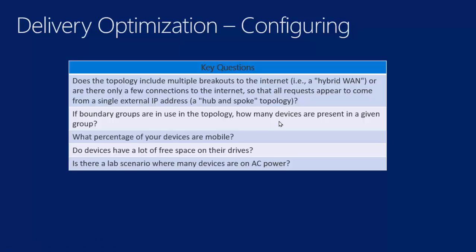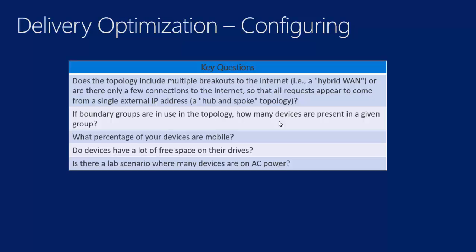Because if you are, then ConfigMgr boundary groups can be translated into delivery optimization group IDs, and that's a convenience for you. Right? Certainly don't need to do that if you don't have boundary groups, like some organizations run ConfigMgr without boundary groups, then no big deal. You can still do what you need to with delivery optimization.